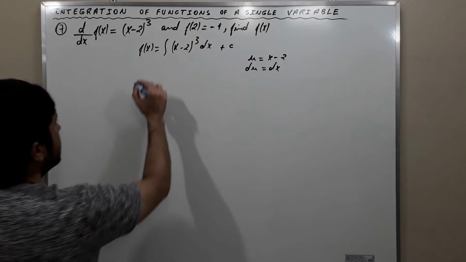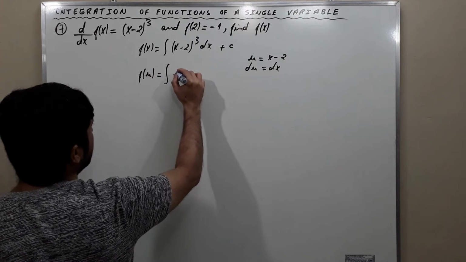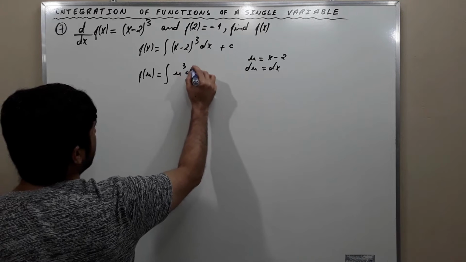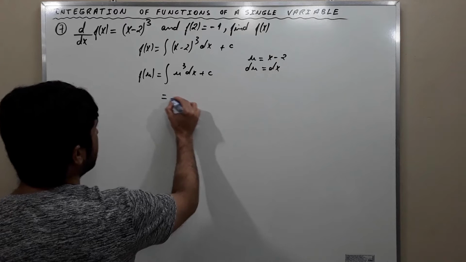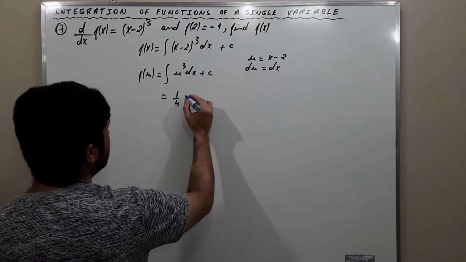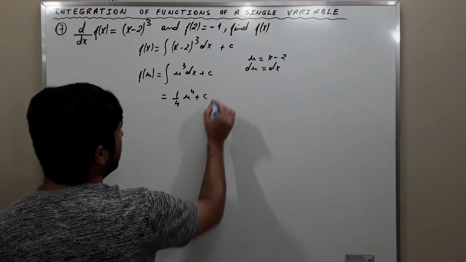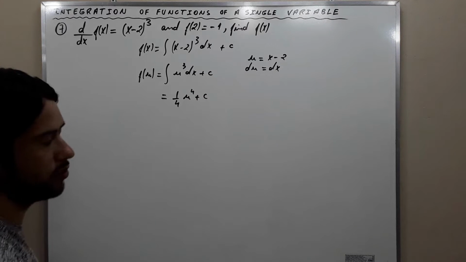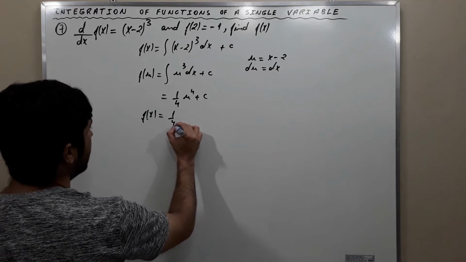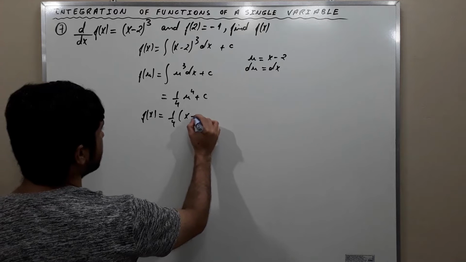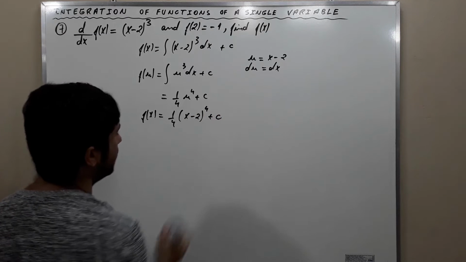Substituting this in the function, we find that f of u is equal to the integral of u cubed du plus a constant. And calculating this, we discover that the function is a fourth of u to the fourth plus c. And substituting back, we get that f of x is equal to a fourth of x minus 2 to the fourth plus c.